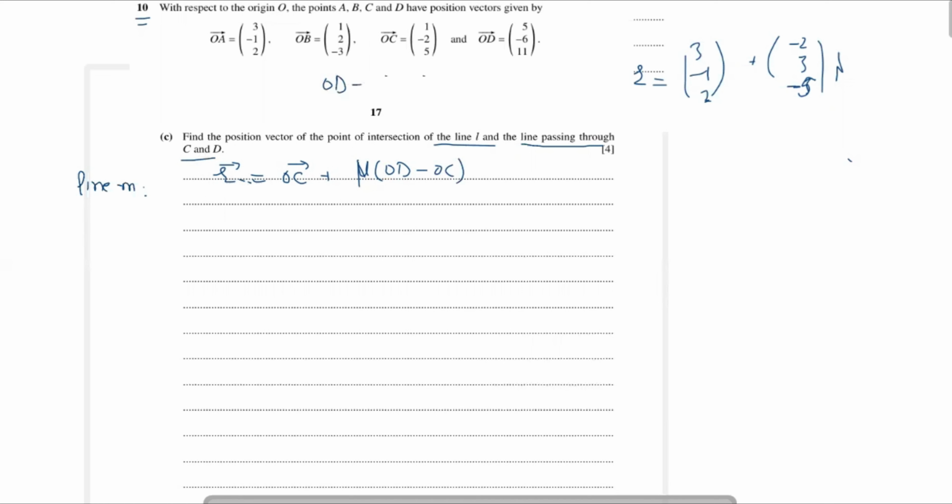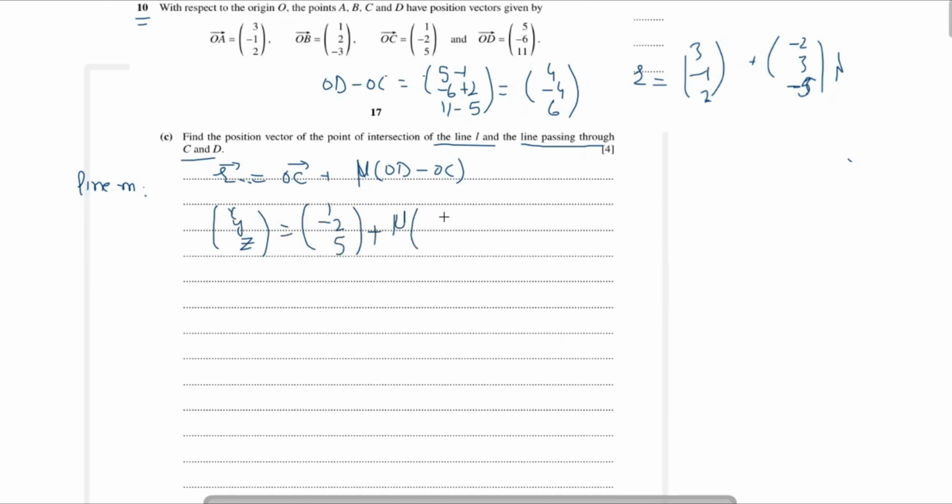Now OD minus OC will be equal to 5 minus 1, minus 6 minus 2 becomes minus 4, 11 minus 5, that value becomes 4, minus 4, and 6. Therefore, that equation becomes x, y, z equal to OC which is 1, minus 2, 5, plus mu times OD minus OC, 4, minus 4, 6.